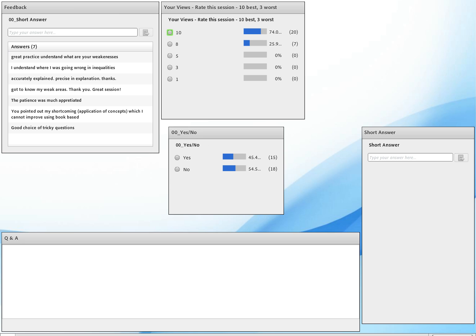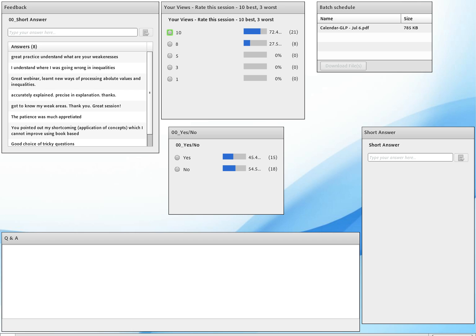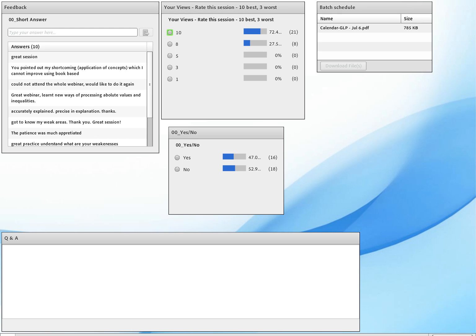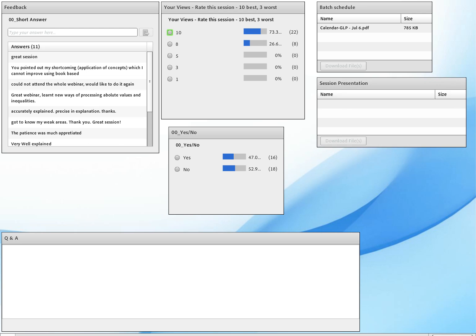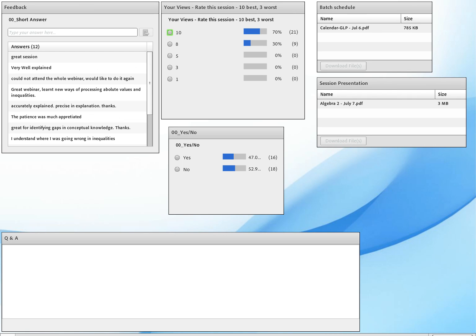Just bear with me for a second here. Here's the batch schedule for the current batch. And here's the session presentation. There you go. So the video course application is the same as the free video on inequality.